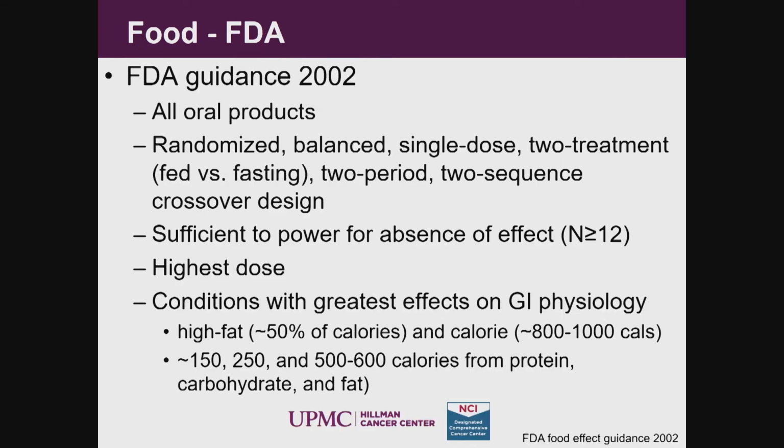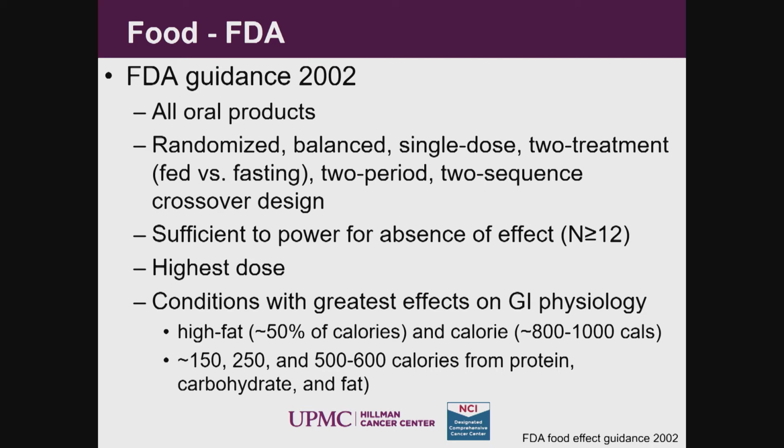So the FDA developed a guidance about food effects in 2002, and all oral products need to be tested for a food effect. So they stipulated how this would be designed. It needs to be sufficiently powered, it needs to be studied at the highest dose, and the conditions should be such that you expect the greatest effect on the GI physiology.